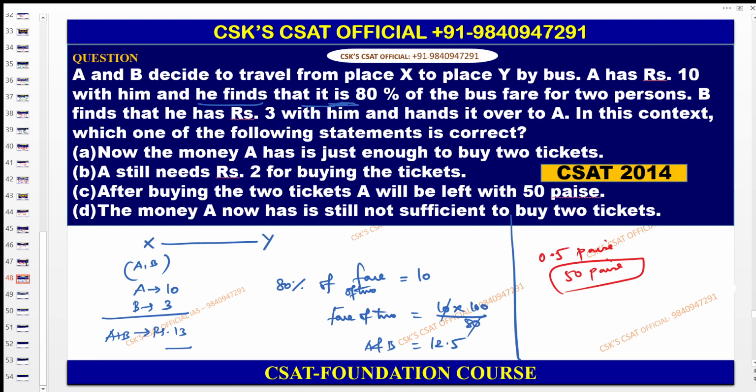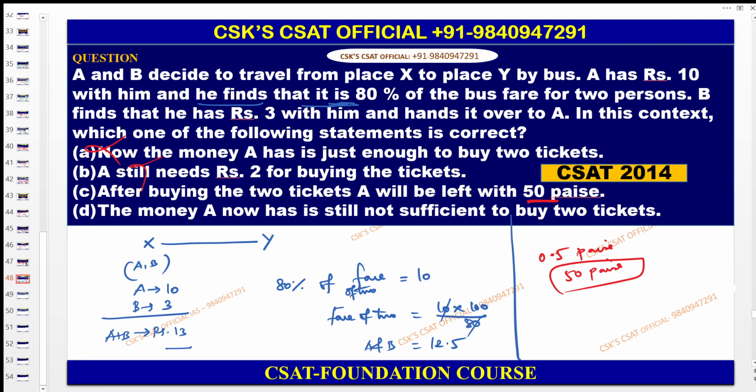Now, the money A has is just enough to buy 2 tickets. See here, whether it is 12.5, it is not 10. So therefore eliminate. A still needs rupees 2.5 for buying the ticket. No. After buying the 2 tickets, A will be left with 50 paise here.